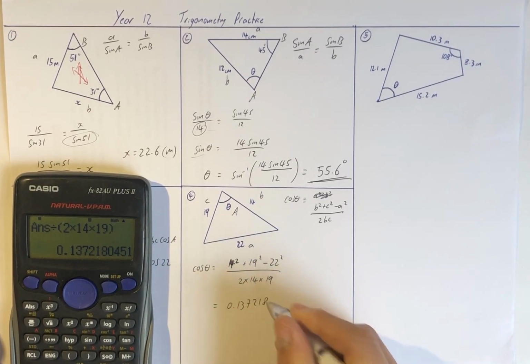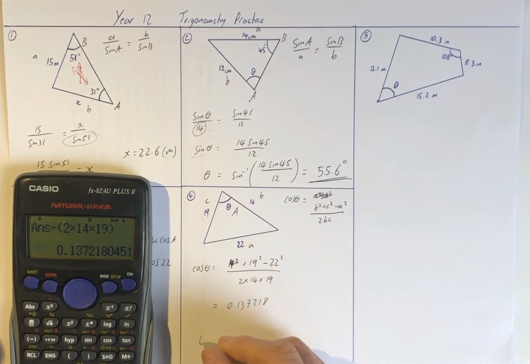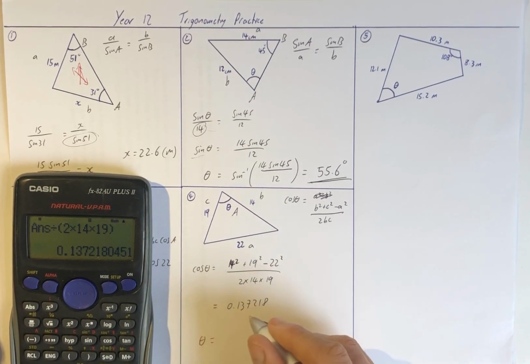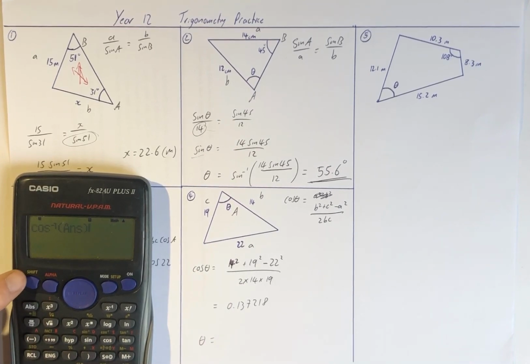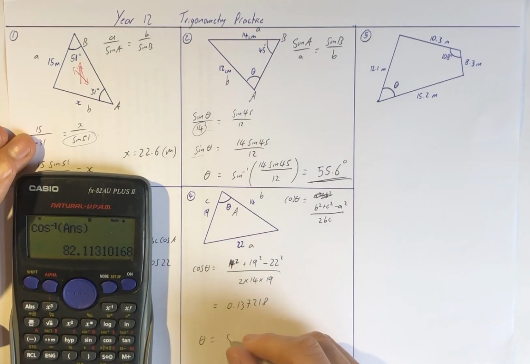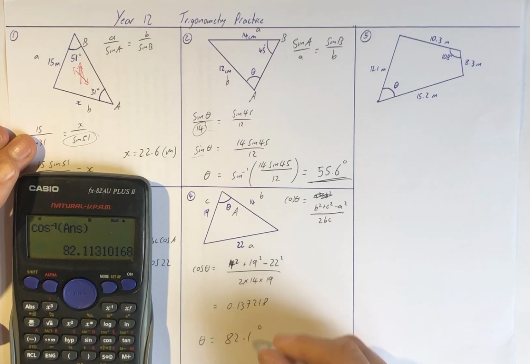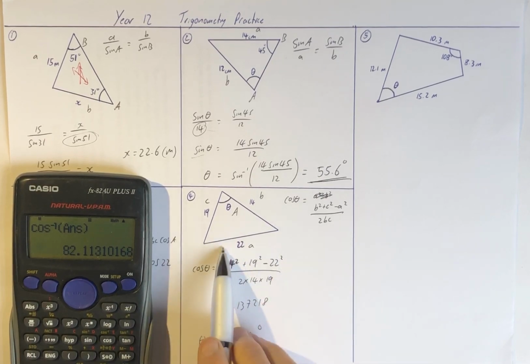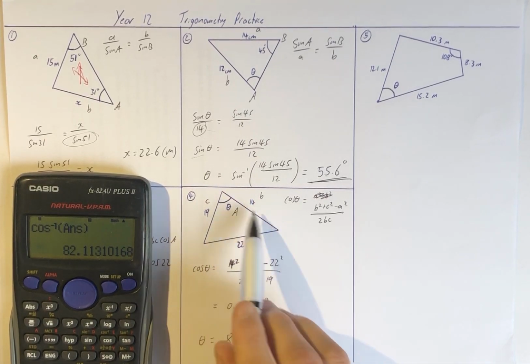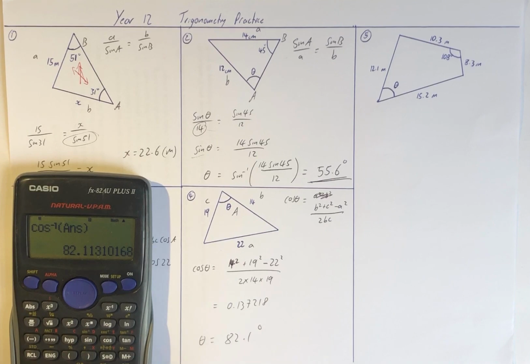Might as well put a few in. And then I need to cosine inverse that. So theta is cosine inverse of that answer, 82.1 degrees. Nice. So that is that angle, and it kind of makes sense too, right? Got 22 along here, 14 and 19. It is going to be quite a broad angle.